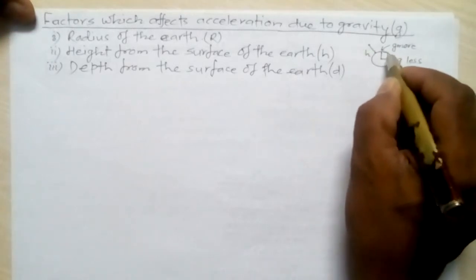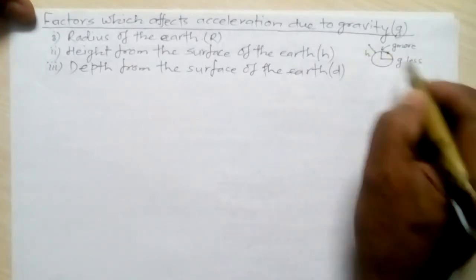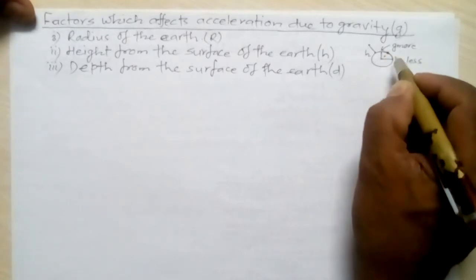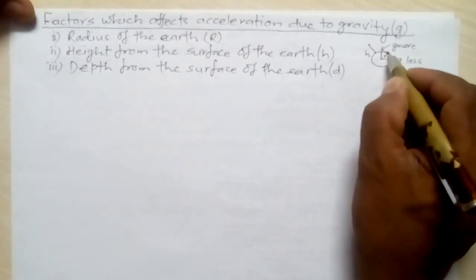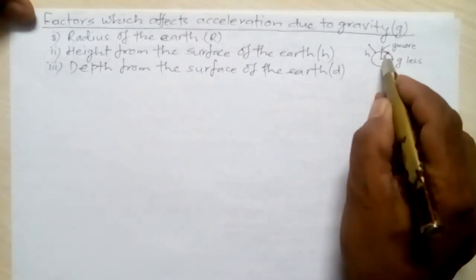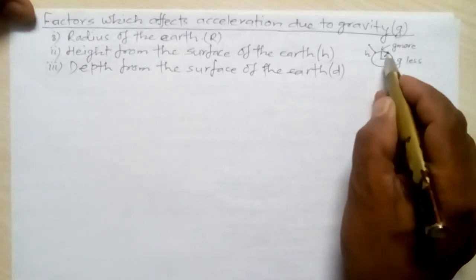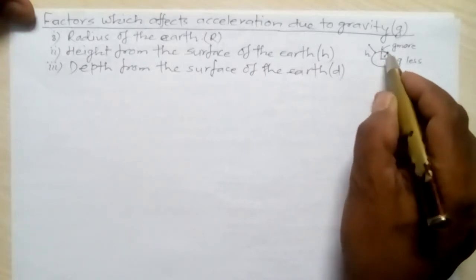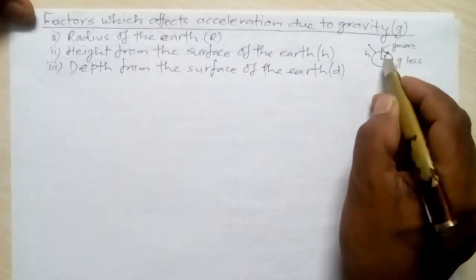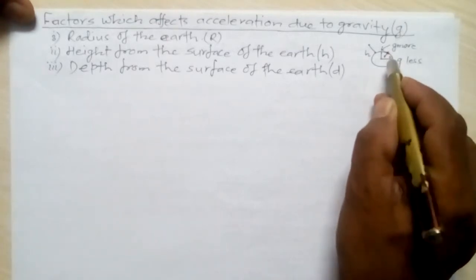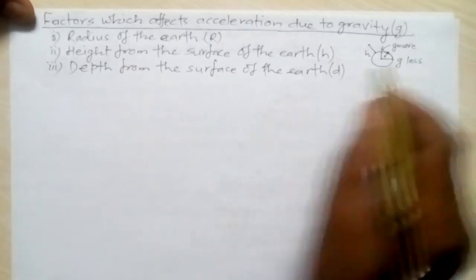What is the meaning of this? Value of g is maximum on the surface of the earth. If we go to a depth, this is the depth through which we are going inside the earth, at this place the value of g will be less. That's why as we go down into the earth, value of g goes on decreasing.